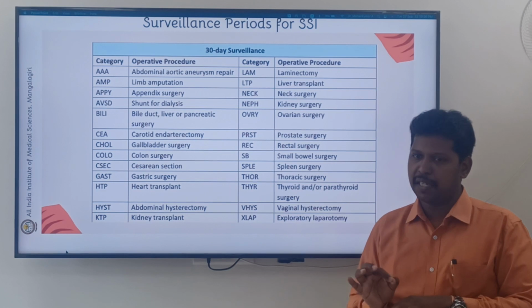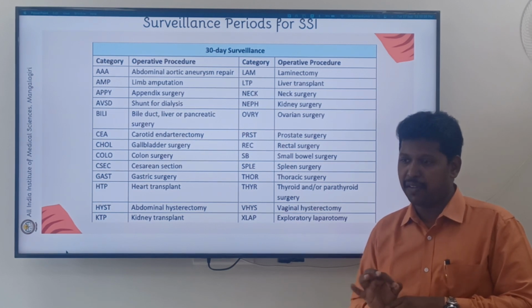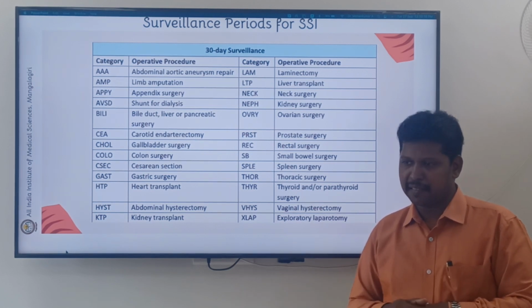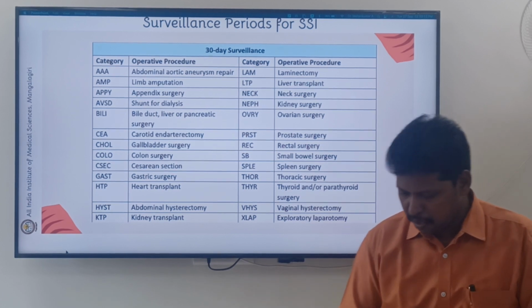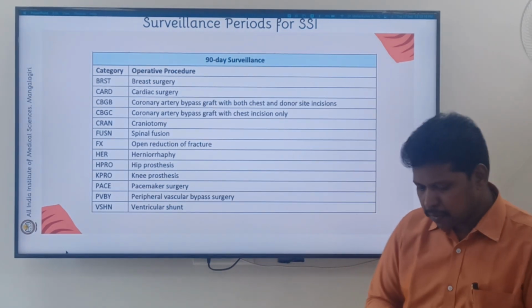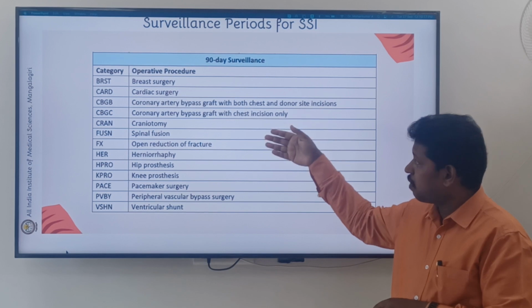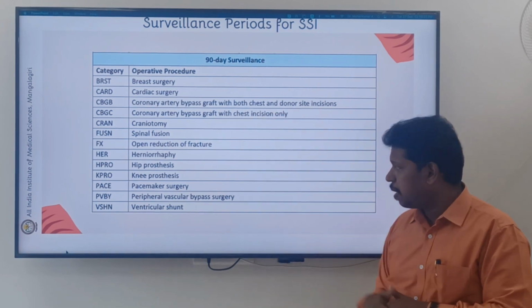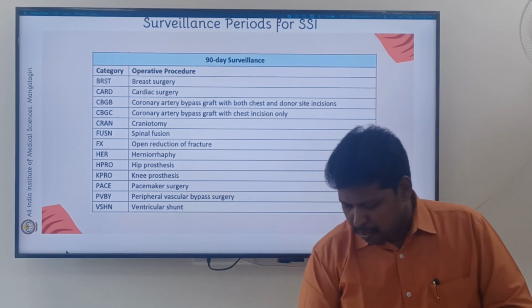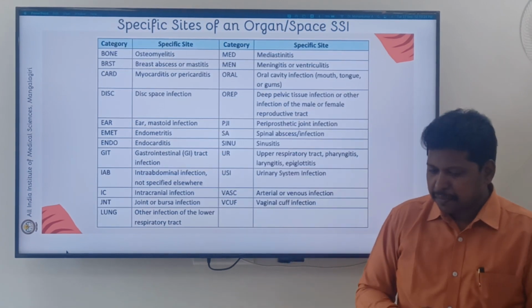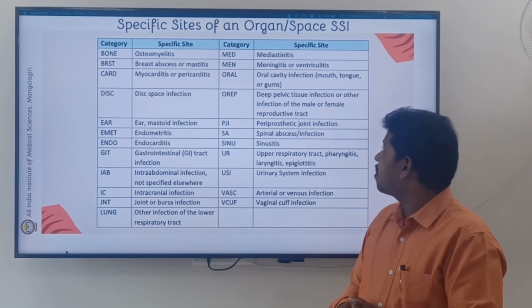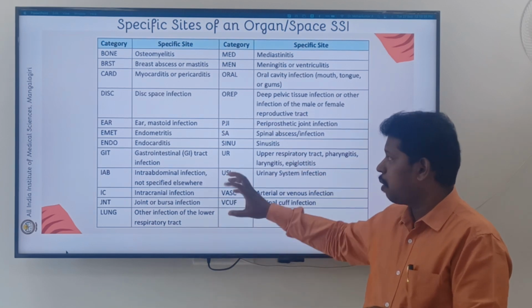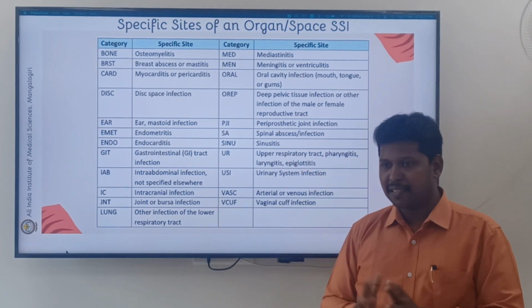And all the superficial SSIs will be followed only for 30 days. So these are the 90-day surveillance procedures: breast, cardiac surgeries and implant surgeries. For organ space SSI also, they have given a proper list of what all will be considered as organ space SSI.